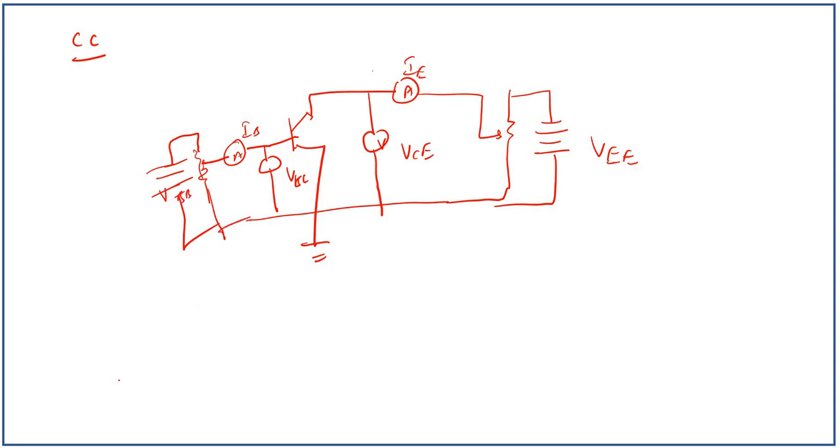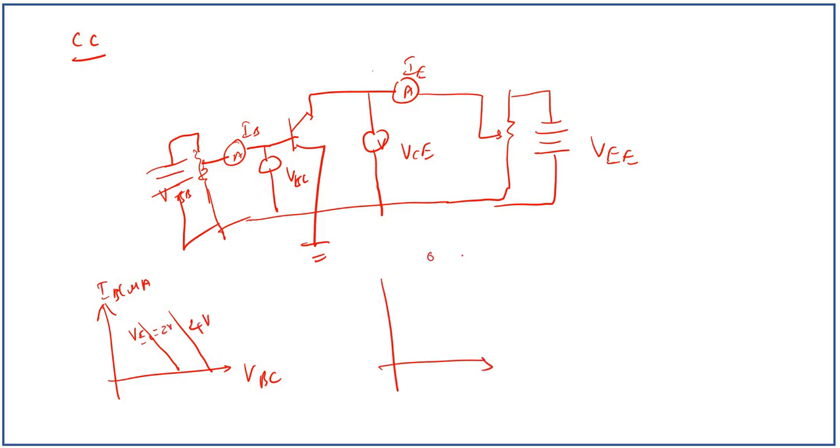So here again we draw the input characteristic curve for VBC and the input current IB in microamps. So the curve is like this for different VEC equal to 2 volt and 4 volt, and this is the output characteristic curve for VEC and IE.